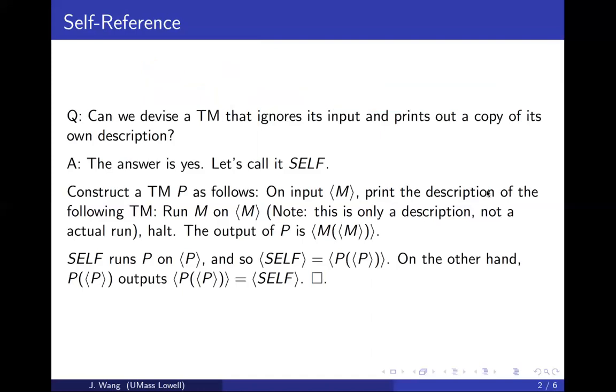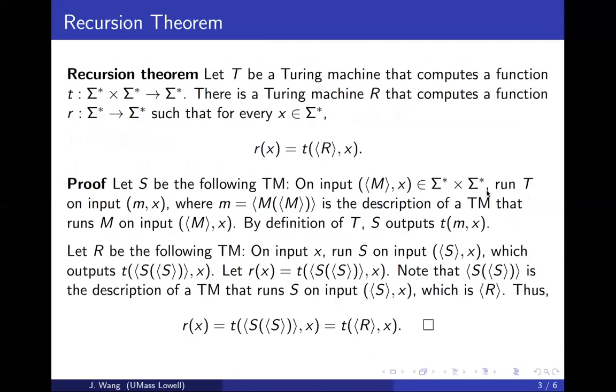Next, we're going to see the recursion theorem. Now let T be a Turing machine that computes a function T. For any computable function T, there is a machine that computes it.